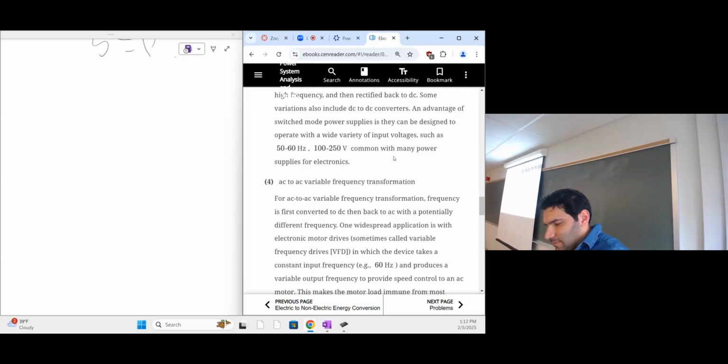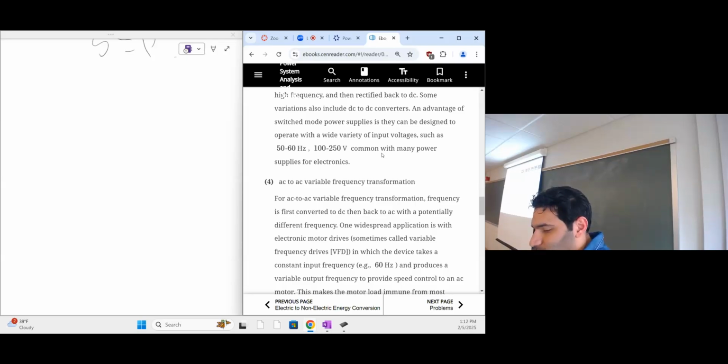AC to AC, variable frequency transformation. Here you have your AC voltage, but you need another AC level. You cannot use that converter. That item won't work. It's a DC component. It needs DC voltage. So there's something called the variable frequency drives. Those are in power electronics, where they make a collection of devices, and that structure would be able to translate the AC voltage from one form to another.